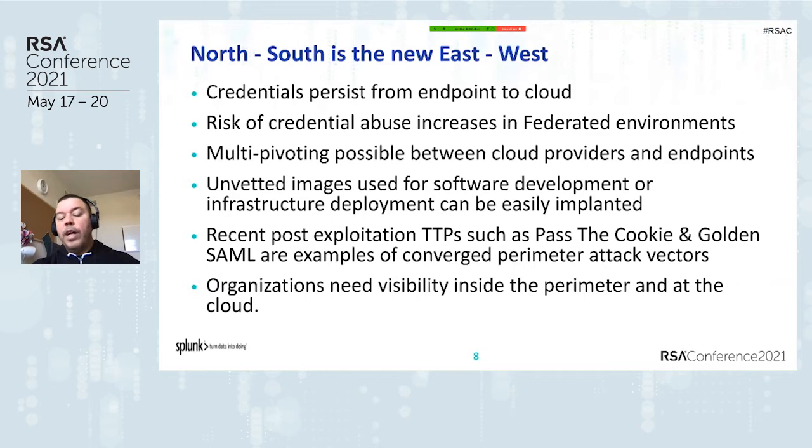So here's a little bit more of what I was just saying. With the use and the creation of these sorts of technologies that enable seamless operation between what used to be called north-south, meaning from the perimeter out to the internet and back and forth, or lateral movement, which is east-west, it is now possible in many of those environments, where there's a converged perimeter, to pivot north-south.